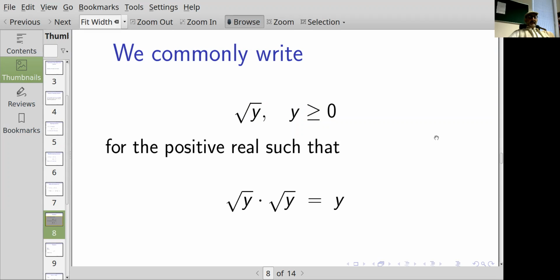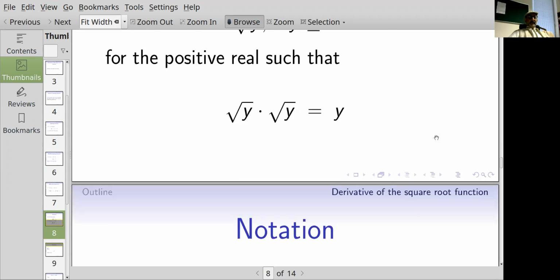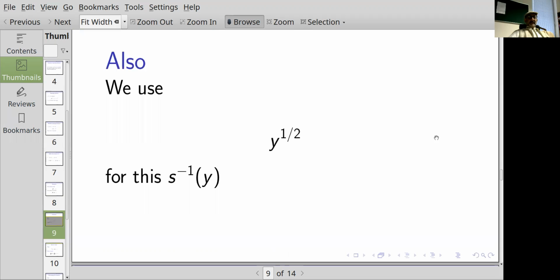We commonly write square root of y for y greater than or equal to 0 for the positive real, such that square root of y times the square root of y is equal to y. Another notation that we use is y to the 1/2. Okay. And so this S inverse of y is basically either root of y or y to the 1/2.